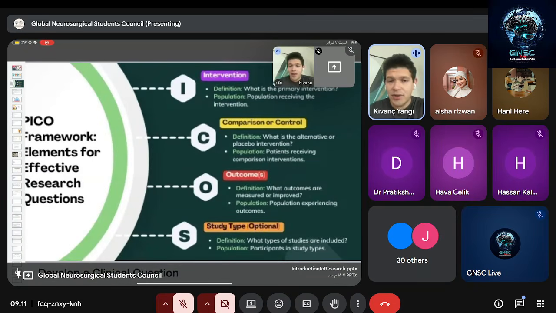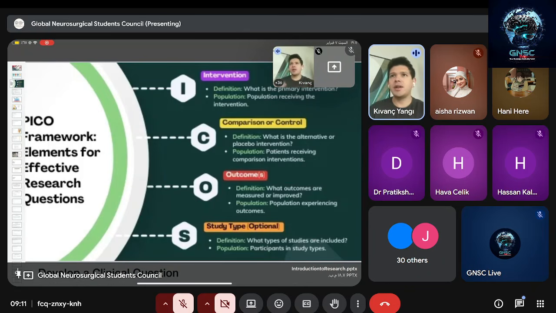As you can see here, PICO can sometimes be defined as PICOS or PICOT. I'll show you some different examples as well. For the intervention, you should ask yourself, what is the primary intervention?